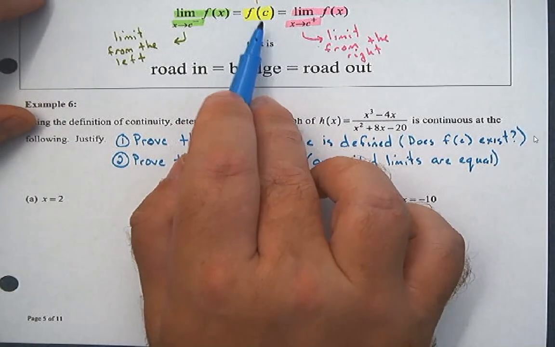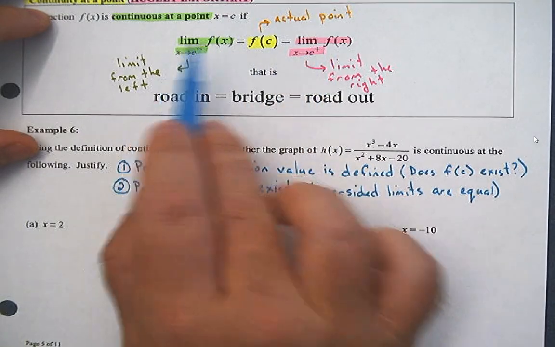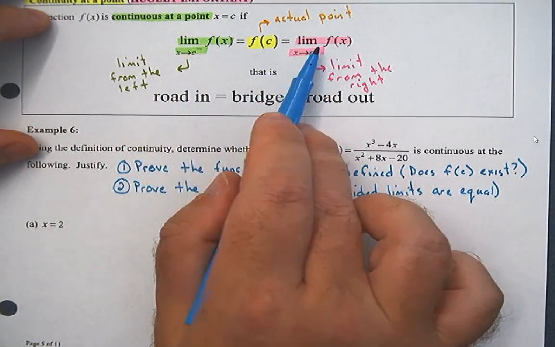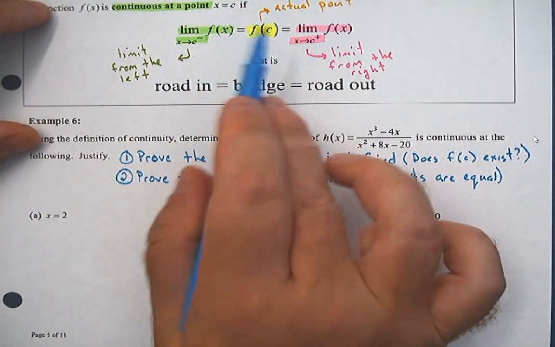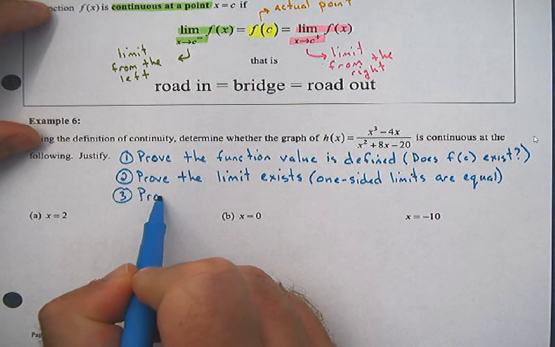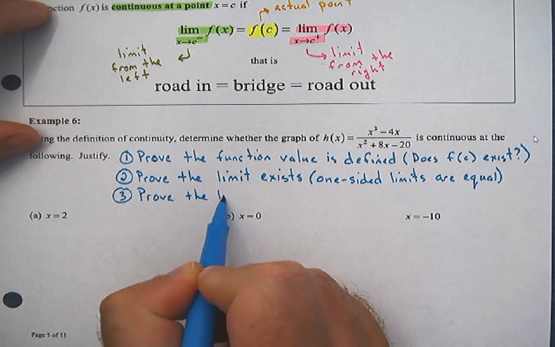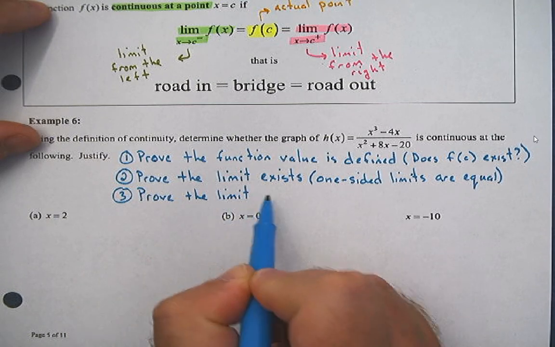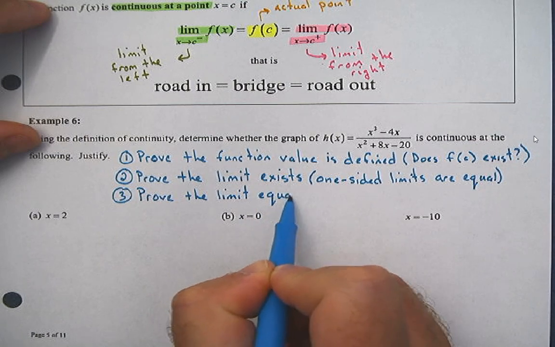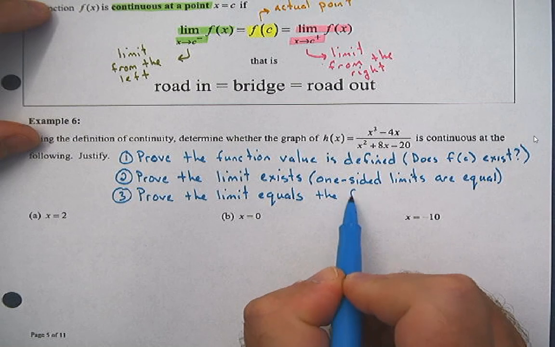I need to prove that there's a point. I need to prove that the limit exists, which means I need to show that the one-sided limits are the same number. And then I need to show that the one-sided limits are the same as the point. So that's part 3. Prove the limit equals the function value.